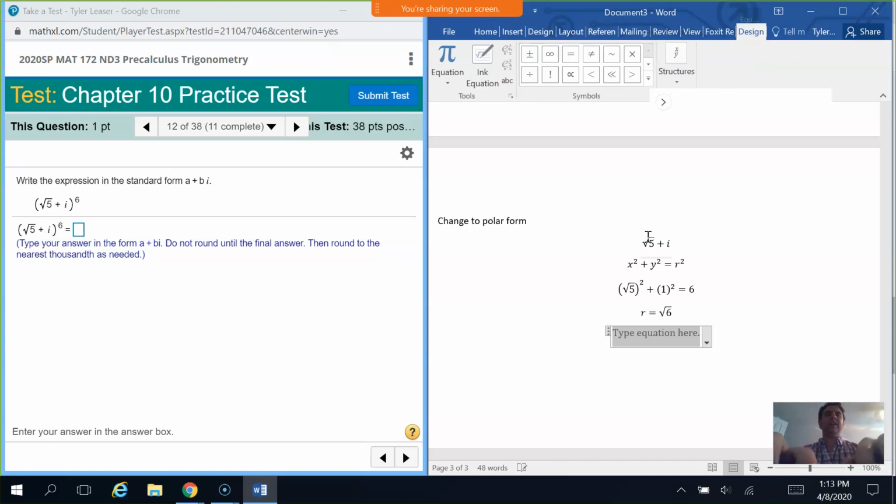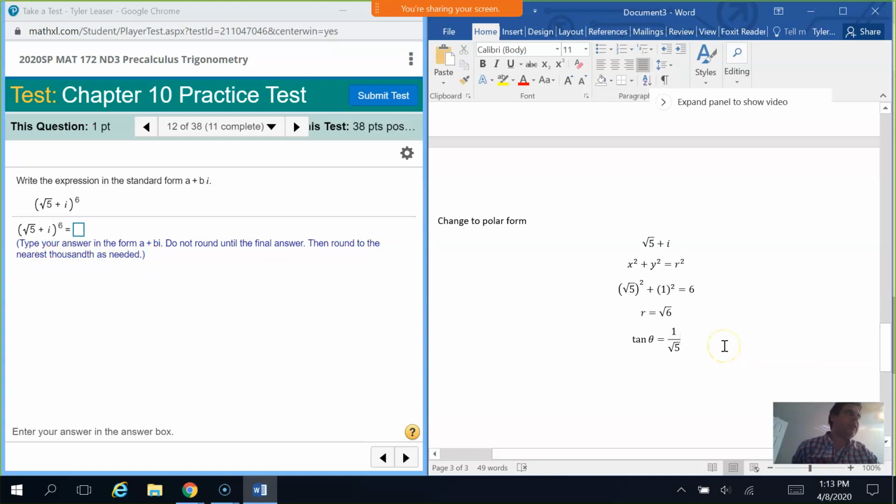And then for the theta, we do tangent of theta is equal to the y divided by the x, which is going to be 1 over the square root of 5. That's not a nice number, which is why here in the homework it says to round to the nearest thousandth. So this is where you're going to have to use the calculator. So in the calculator, you have to do tangent inverse of 1 over root 5 to get a thing.